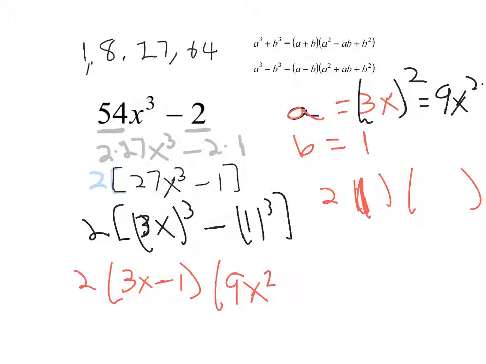They may just square the x and leave the 3 alone, but I hope you don't fall into that. You're going to square the x, and you're going to square the 3 to get 9x squared. Okay, that's our a squared. Now we're going to go to ab plus ab. So 1 times 3x is 3x, so plus 3x. And then we're going to go to b squared. b squared is 1 squared, which is just 1. So plus 1.